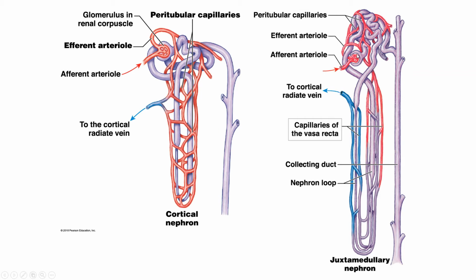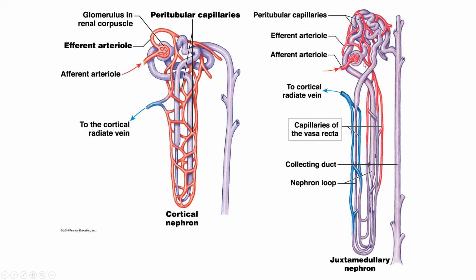Then you have the juxtamedullary nephron, which is less common than the cortical nephrons. And of course, you have your renal corpuscle, which is found near the cortex and medulla, and they're going to have these very long nephron loops that travel deep within the renal medulla.